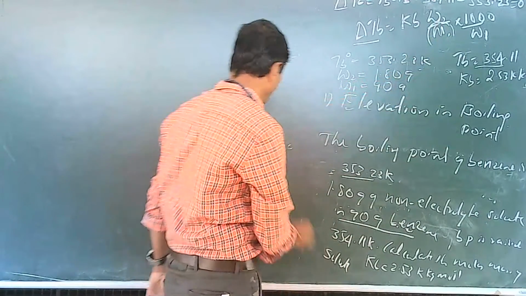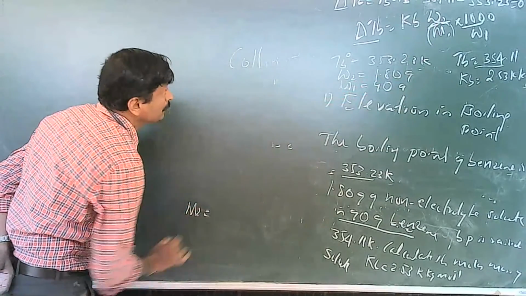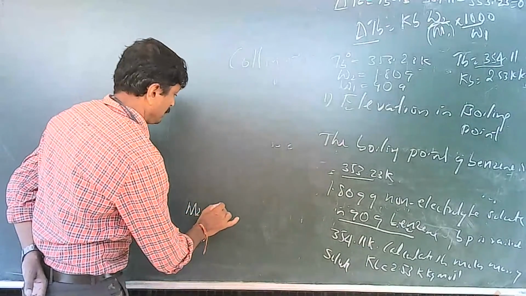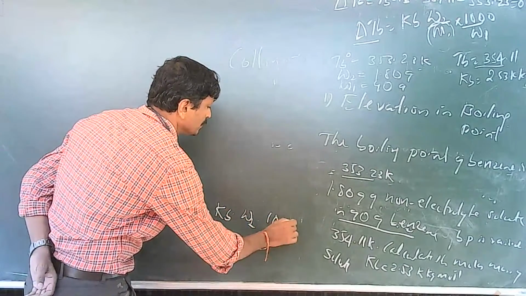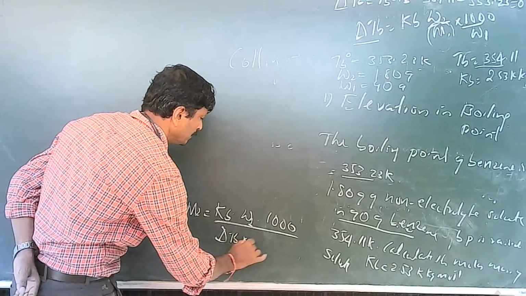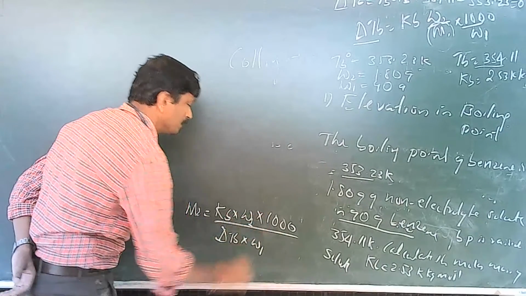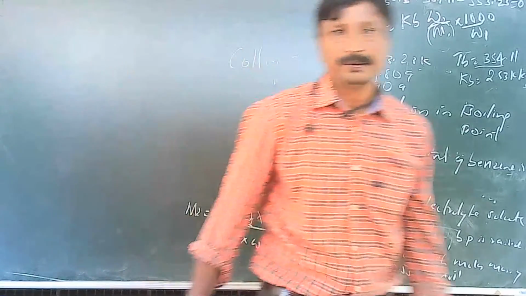W1 is 90. Therefore, M2 is equal to Kb into W2 into 1000 divided by delta Tb into W1. So substitute these values, you will get the answer.